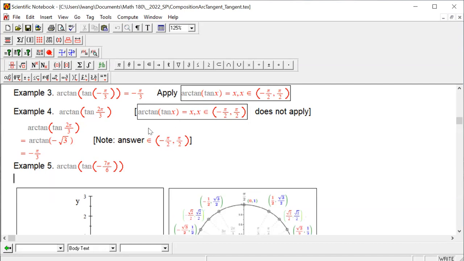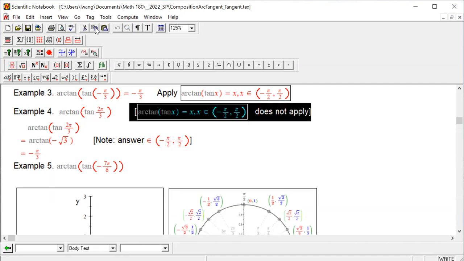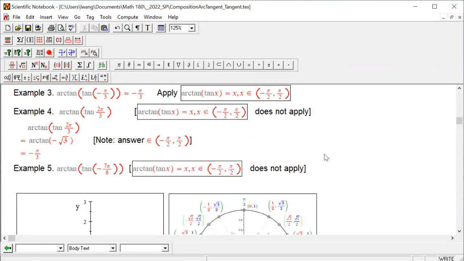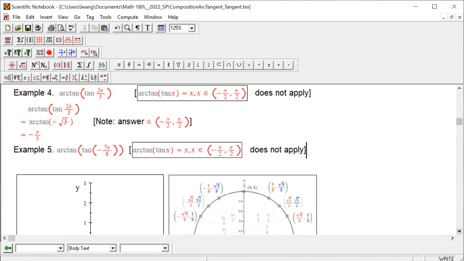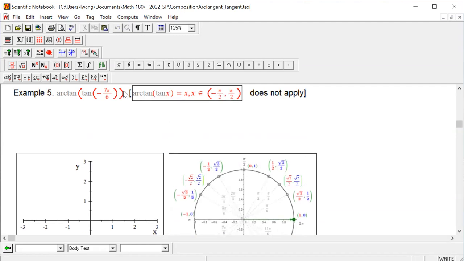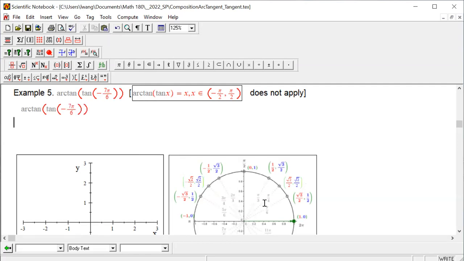Obviously, the shortcut doesn't apply. It's way outside, so we cannot take any shortcut. And what do we do? We still do something similar. We do it from inside out, really, from inside out.